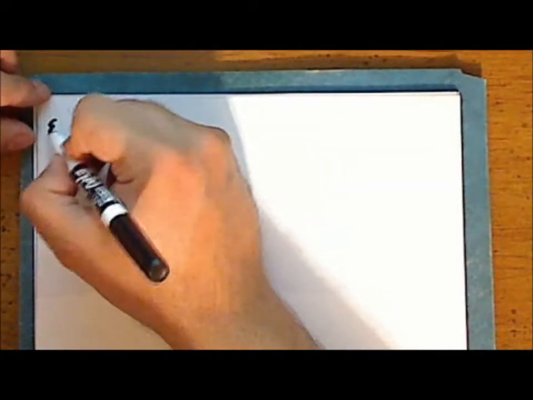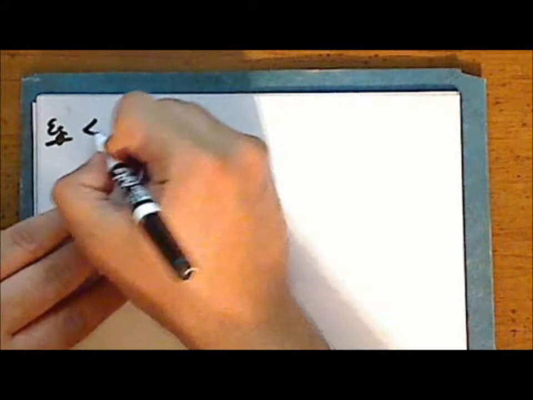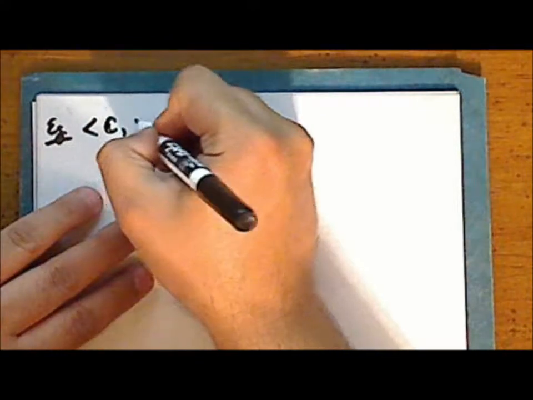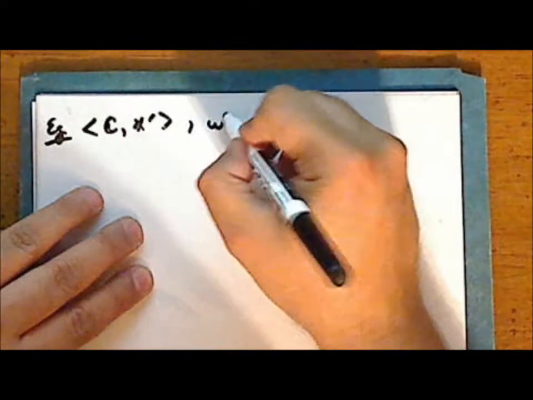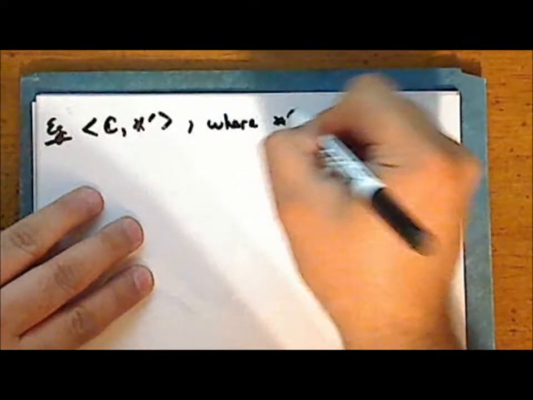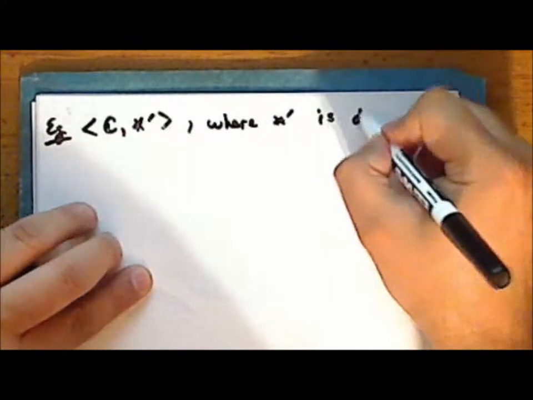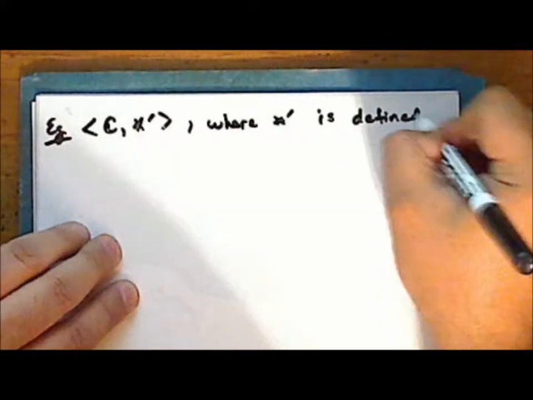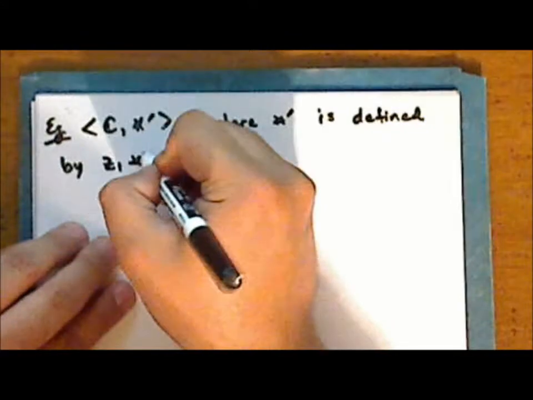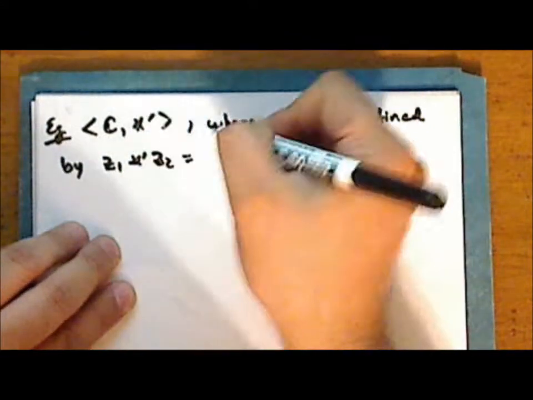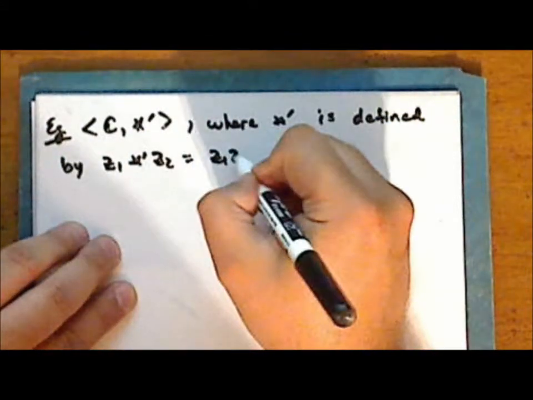Okay, new example. The set of complex numbers together with the binary operation star prime, where star prime is defined by z1 star prime z2 is the conjugate of the product z1 z2.